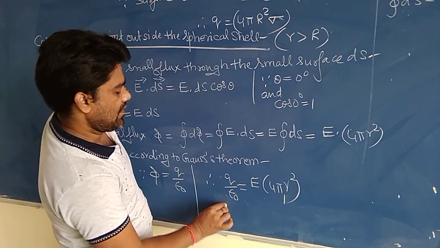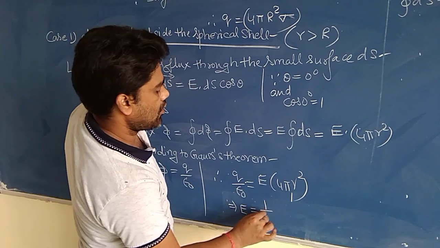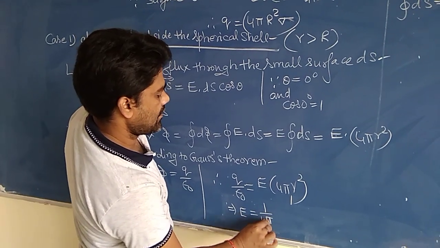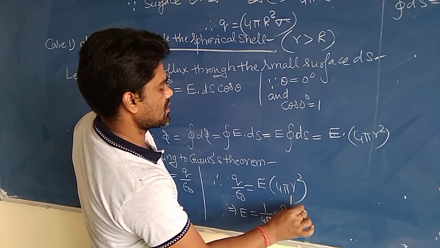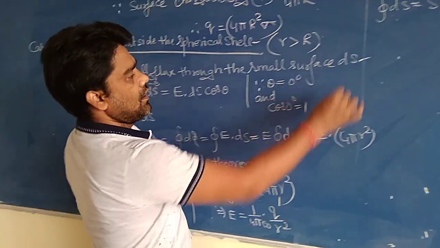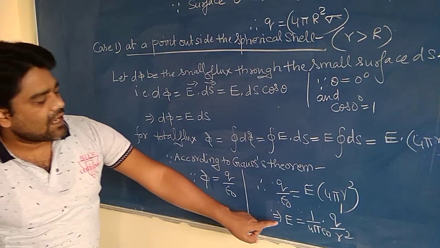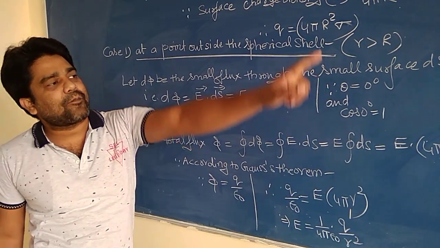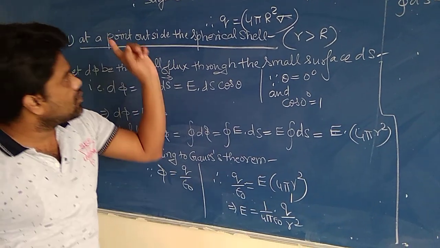Now we will get E equals 1 upon 4 pi epsilon naught q upon r square. Look there, it is the value of the electric field at point P in terms of Q.